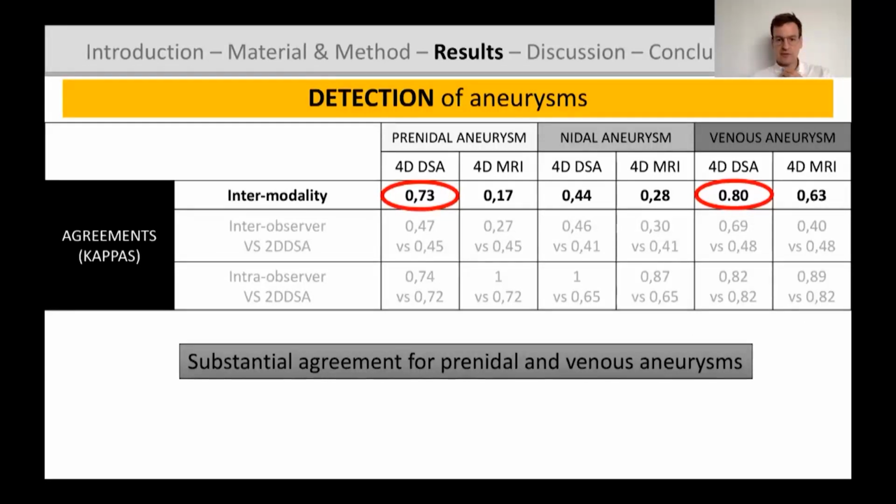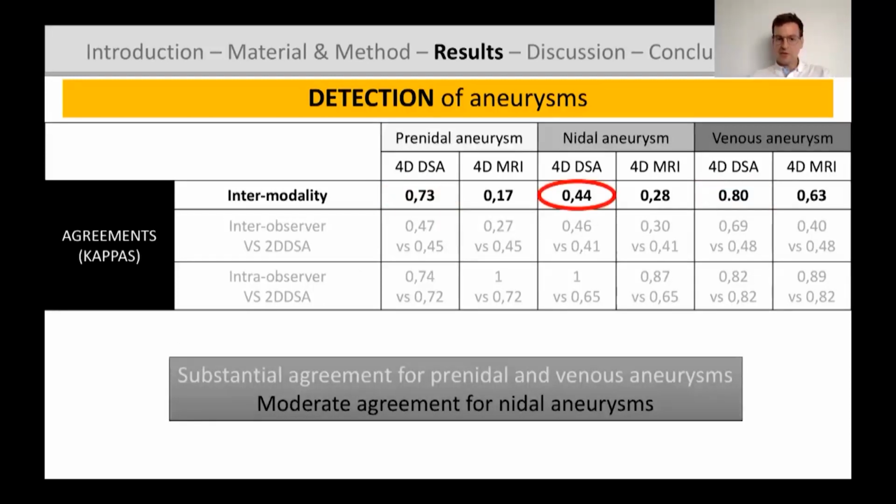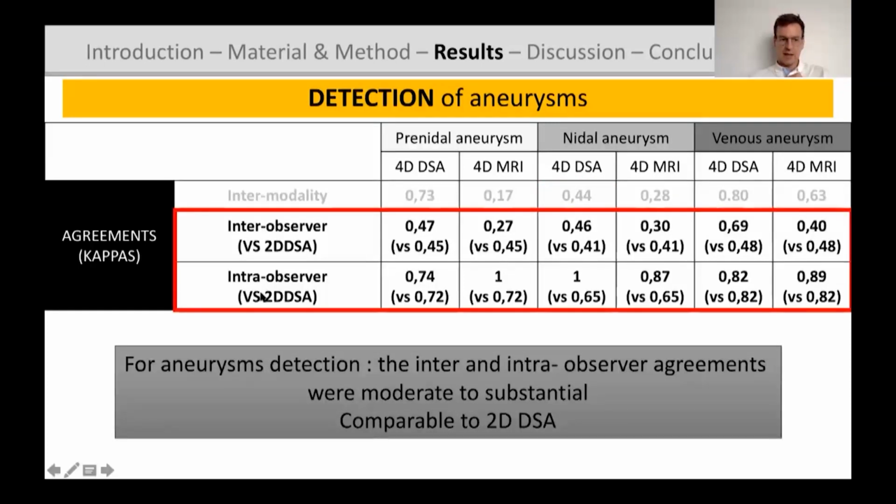A substantial agreement for prenidal and venous aneurysm, but the agreement was moderate for the nidal aneurysm. And concerning the aneurysm detection, the inter- and intra-observer agreement were moderate to substantial, and it is comparable to the 2D DSA, sorry.